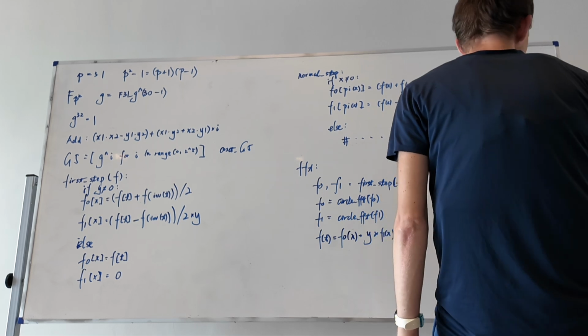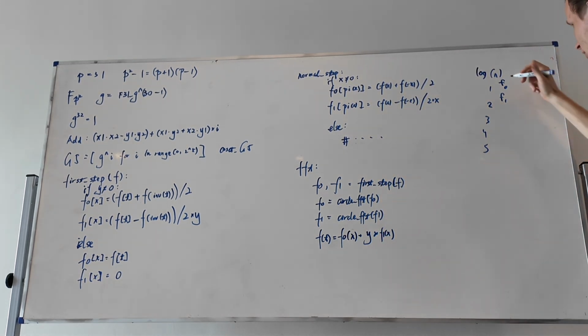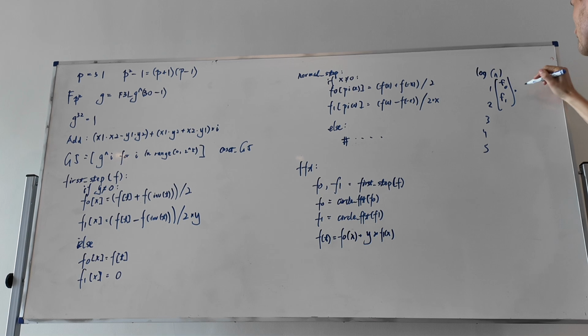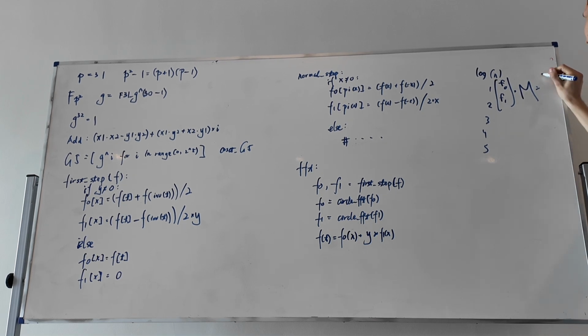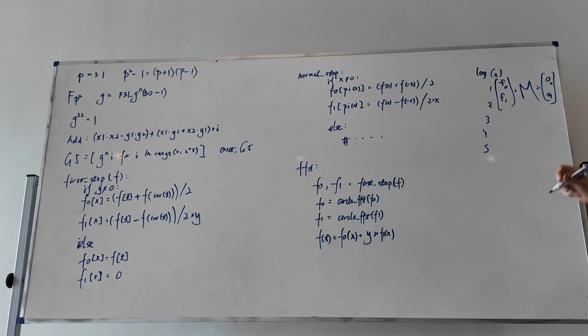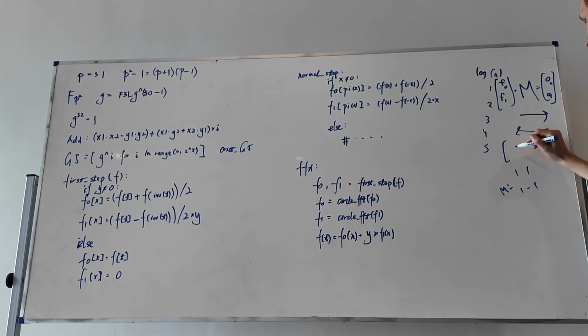Basically, this is a vector, and you multiply it by some matrix, and that equals output 0, output 1. Maybe the matrix is 1, 1, 1, negative 1, or sometimes something else. To do it backwards, you take O0, O1 times the matrix inverse, which equals F0, F1.